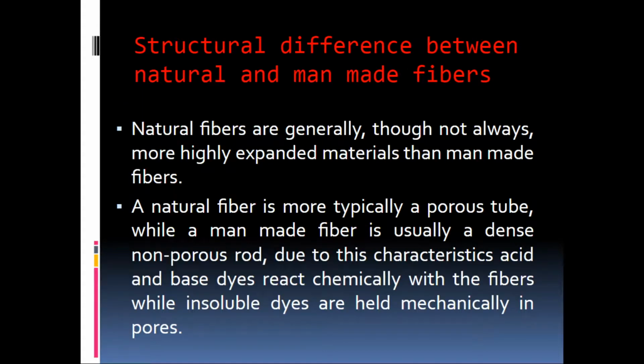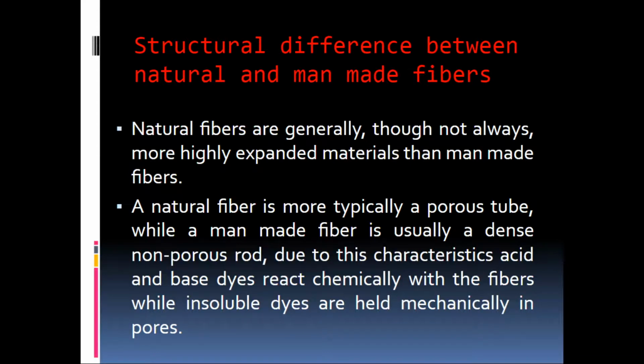Now here are some structural differences between natural and man-made fibers. Natural fibers are generally, though not always, more highly expanded materials than man-made fibers. A natural fiber is more typically a porous tube, whereas a man-made fiber is usually a dense, non-porous rod.